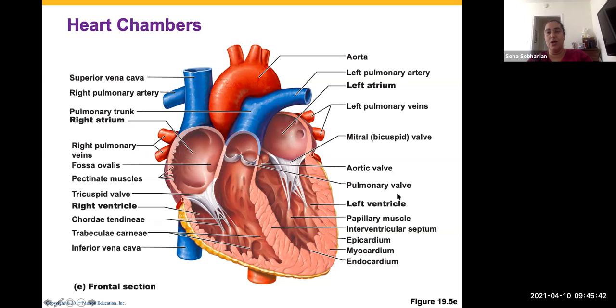Remember, the pulmonary trunk goes toward your lungs, which means it is carrying deoxygenated blood, not oxygenated blood.